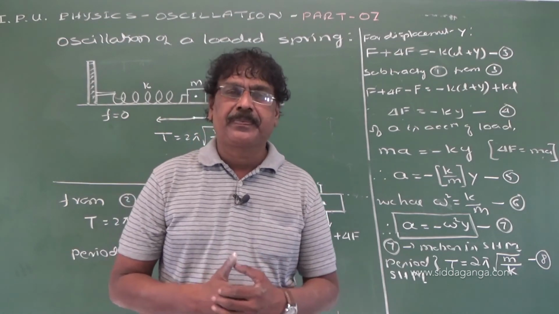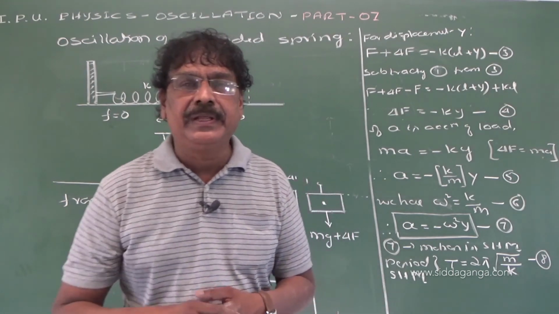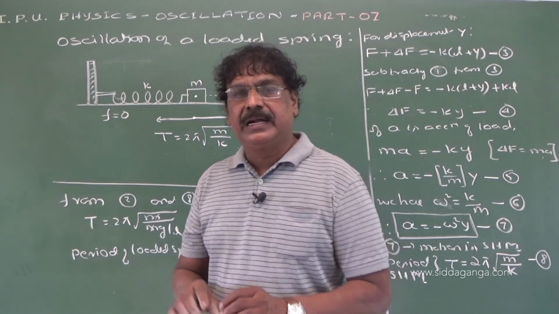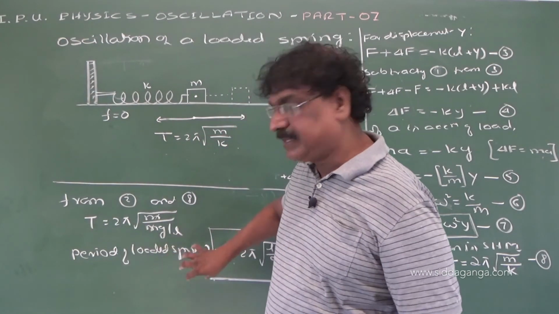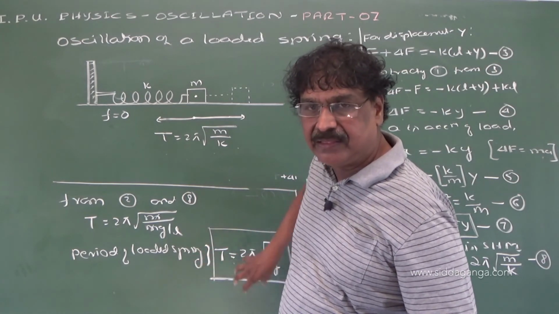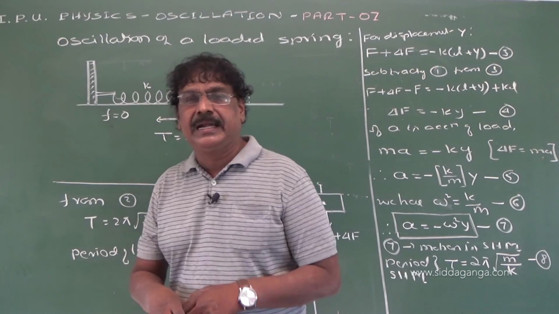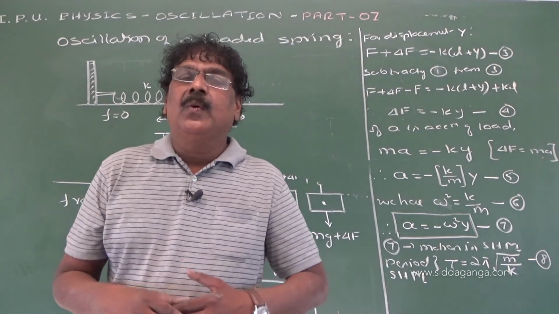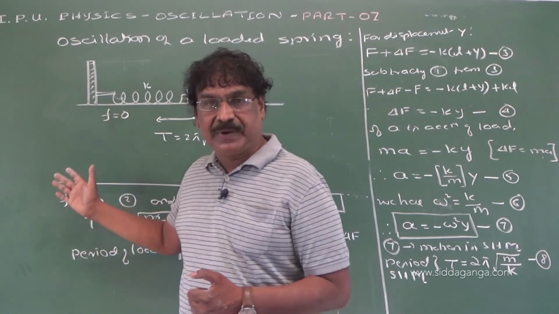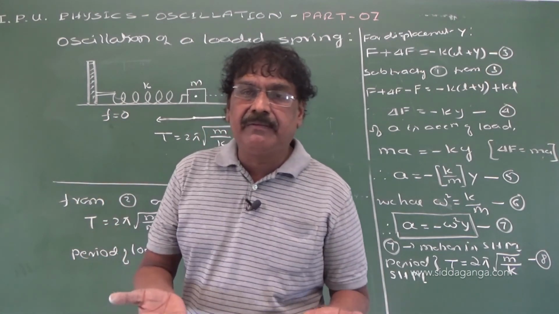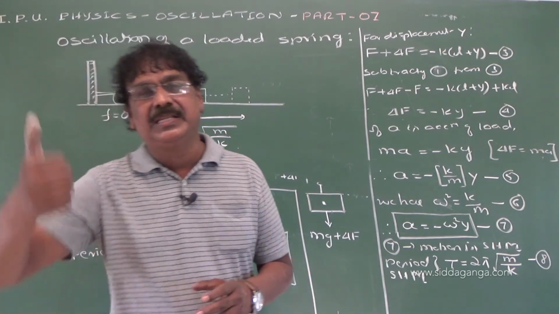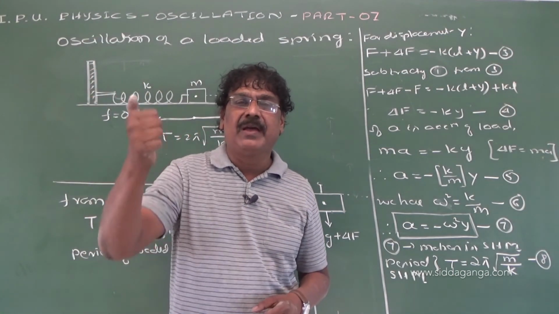So we will continue in the next class, where we will discuss some basic things, the relation between time period, length, spring constant, etc. And one more thing we will discuss is that here I have used only one spring. What do we mean by a combination of springs?